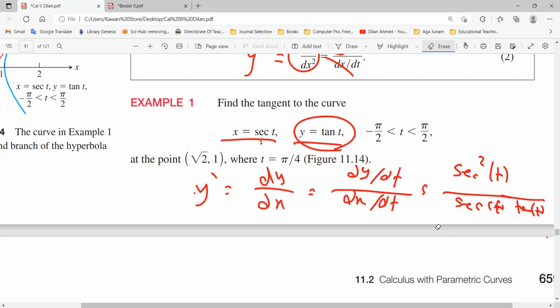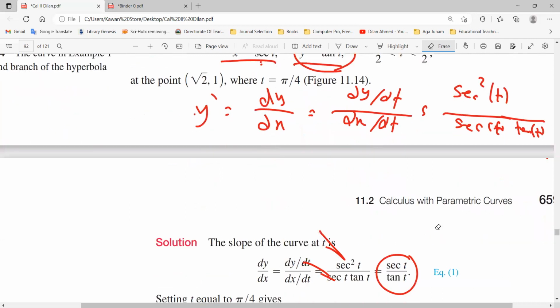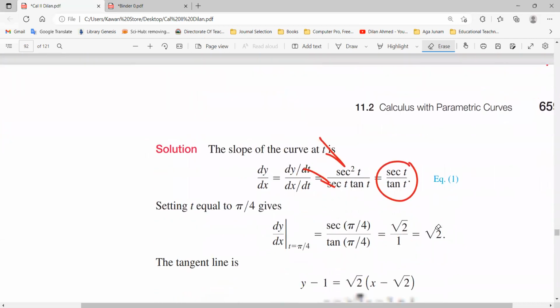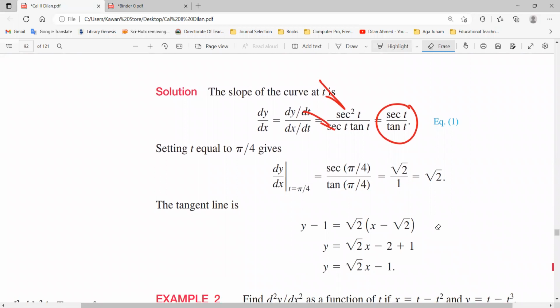So when I say find the tangent curve at that point, it means find the first derivative at that point. But what's changed here? We have a parametric equation. So our task is finding the derivative at that point.